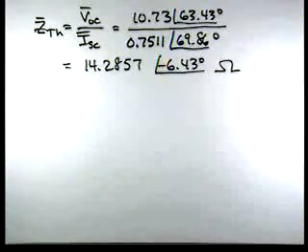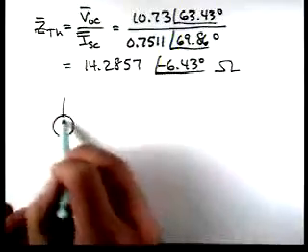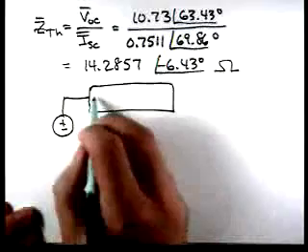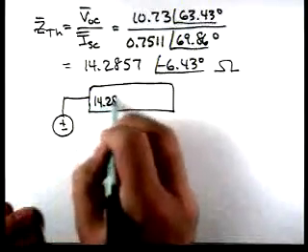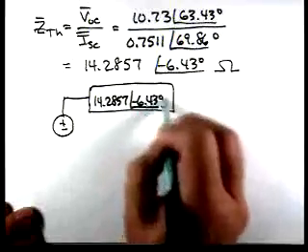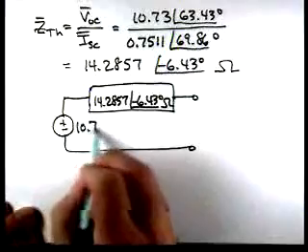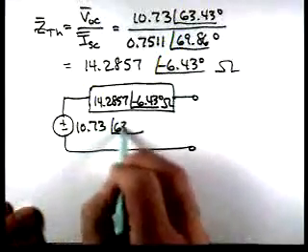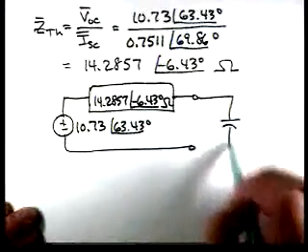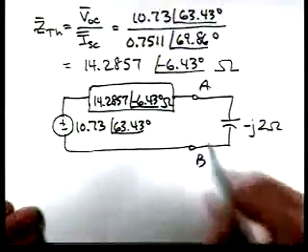Now our Thevenin equivalent then is this. Now we can go in and hook our minus J2 back up and calculate V0.